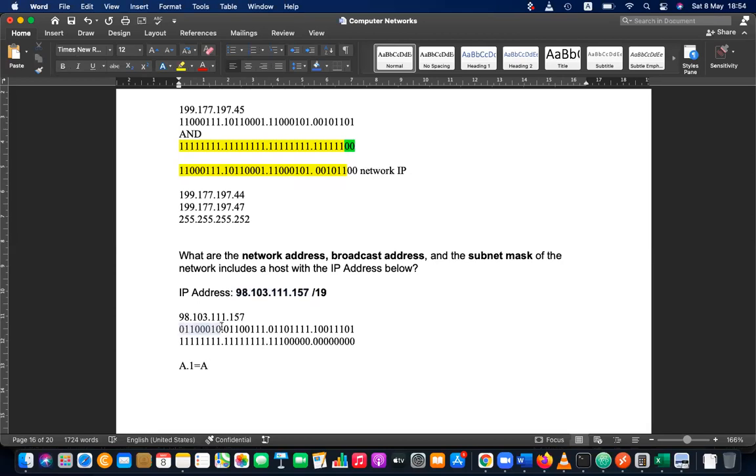These are all ones, so something AND 1 is something, again and again. Here you have 3 ones. Something AND 1 is something.